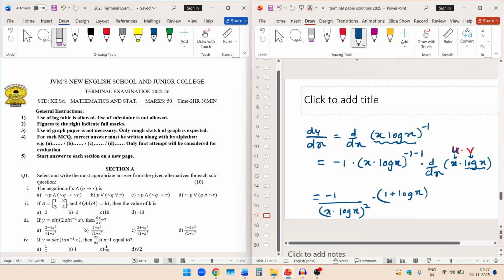You can keep it as it is if you want, or else you can write it as minus 1 plus log x divided by x log x the whole square. This should be the answer.